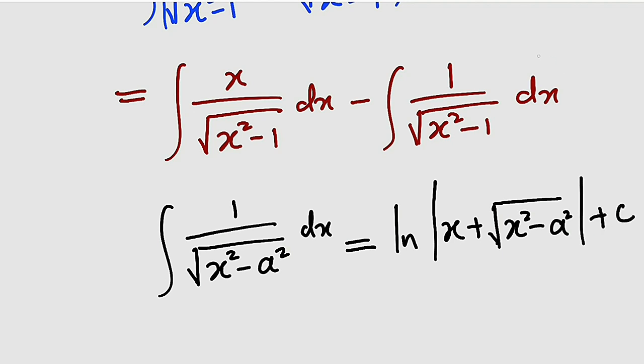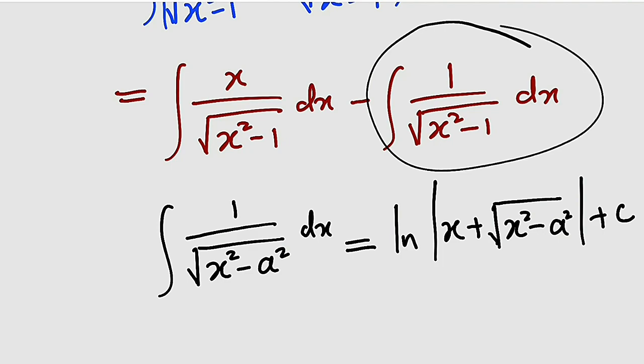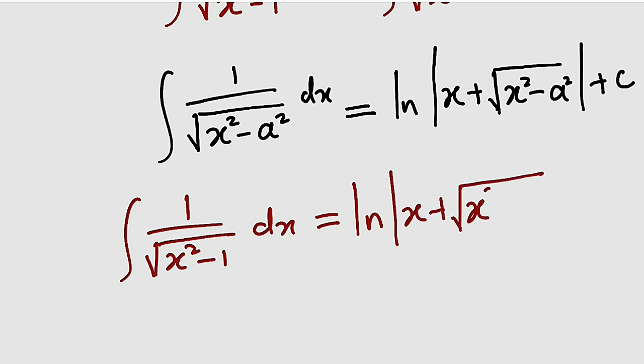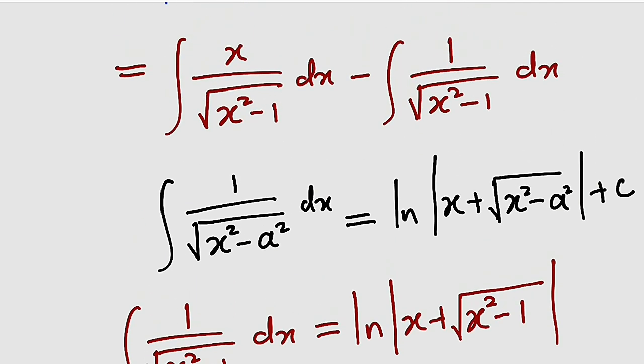So we can apply the same thing in integrating this one. Therefore, to integrate 1 divided by the square root of x squared minus 1, this is the same thing as the natural log of the absolute value of x plus the square root of x squared minus a squared, but a is 1, which is 1 squared, and 1 squared is 1, plus the constant of integration, but we can leave it for now because we are not done yet.